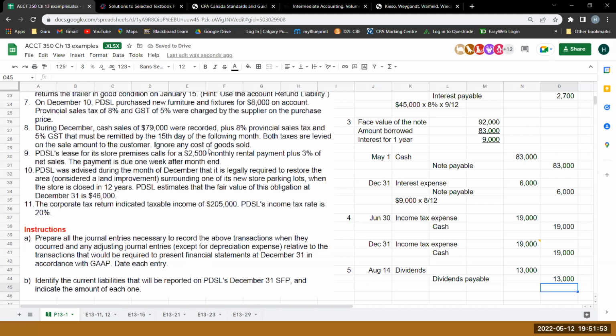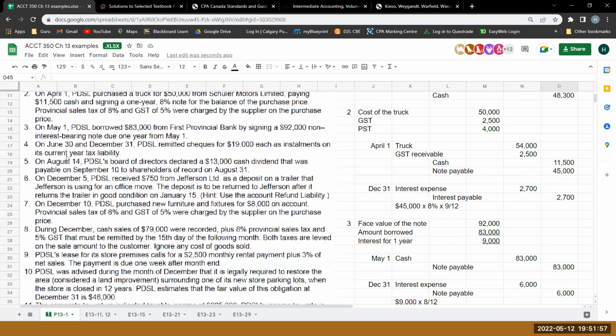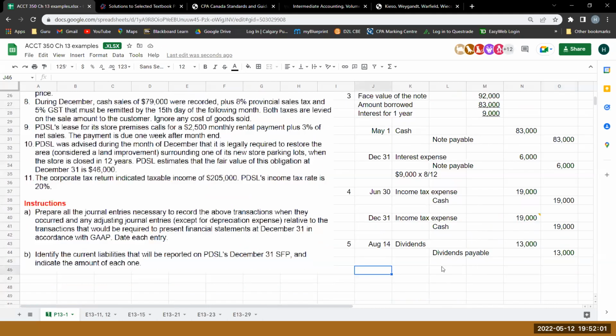Then there's going to be a date of record. The date of record is for this company, August 31st. On that date, there's really no journal entry that's recorded. Only the shareholders list is finalized. So the shareholders that are going to get the dividend, we prepare a list of who they are.